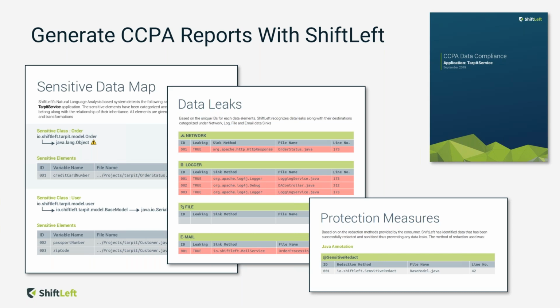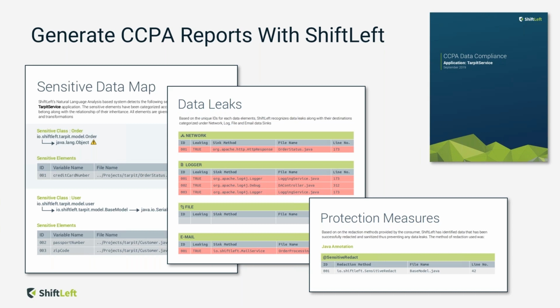And as you can see there, we pinpoint the line of code and which source code file this leak is happening in. All right, so this then goes into step 5 on CCPA, identifying the gaps and remediating them. So if it is an actual leak, you go to that source code line number, and then you figure out what change you need to make there to stop the leak.